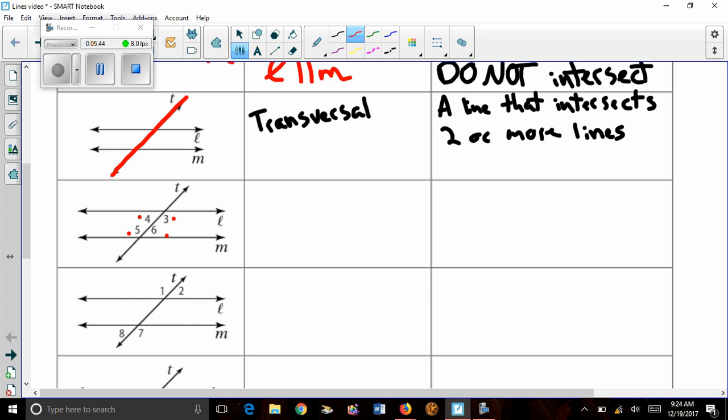First, I want to talk about where they are located. These are inside of our picture. They are in between the two parallel lines.